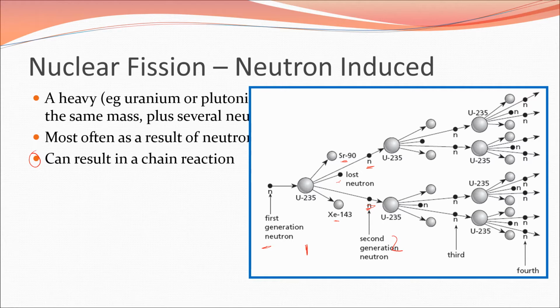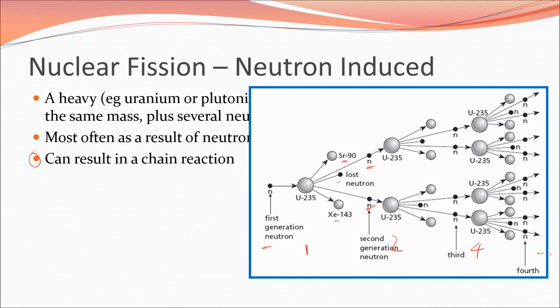Then the next round you'll have four undergoing fission, splitting apart. So four atoms in this next one split apart. And if we keep going, this just gets exponentially bigger each time, and that's the result of the chain reaction. That's effectively an atomic bomb when we don't control it like that.